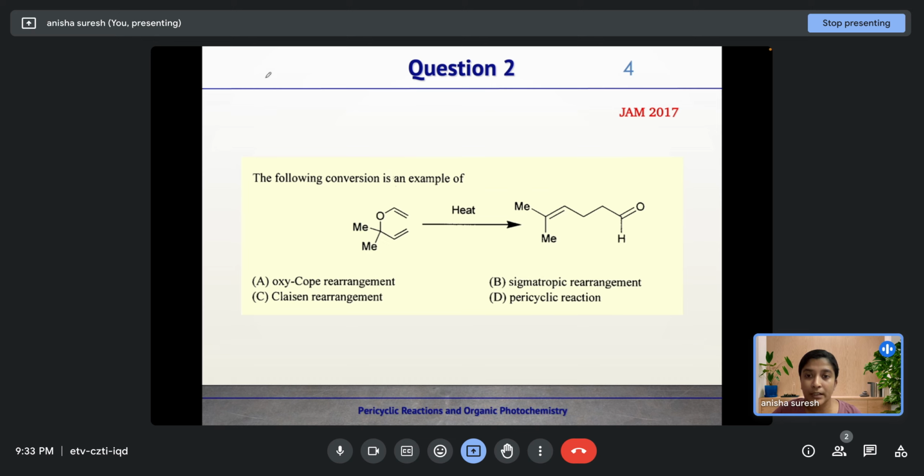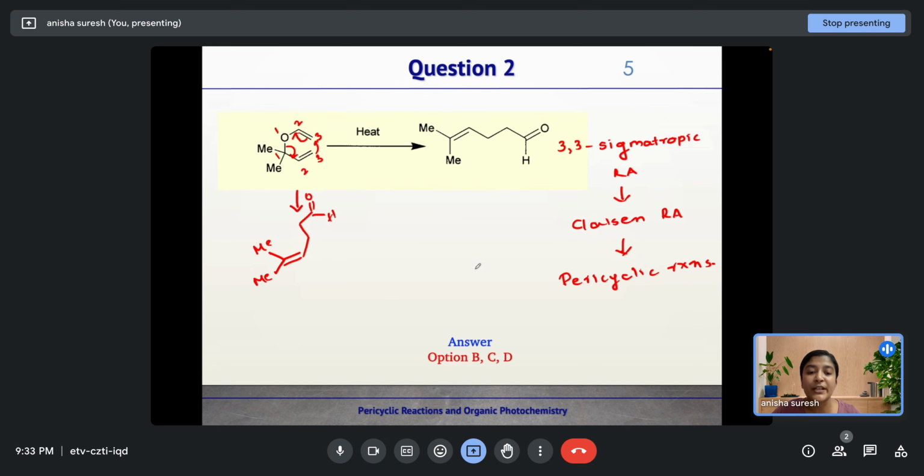So from the options that are given, the right options will be: it is a sigmatropic rearrangement, it is also known as Claisen rearrangement, and it is an example of a pericyclic reaction. Okay, oxy-Cope rearrangement is not known as Claisen rearrangement. So this is an MSQ type of question that came in JAM 2017. So the right options will be option B, C, and D.